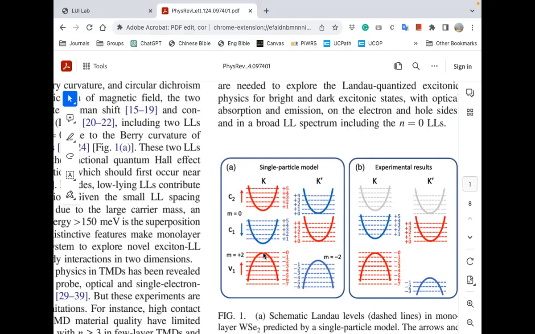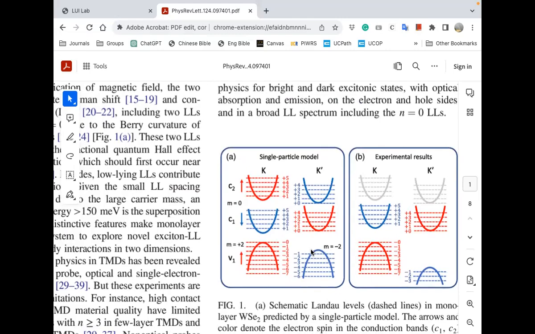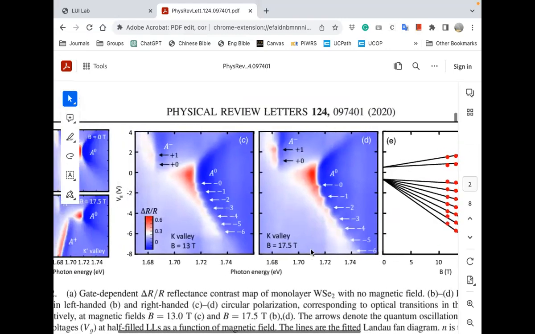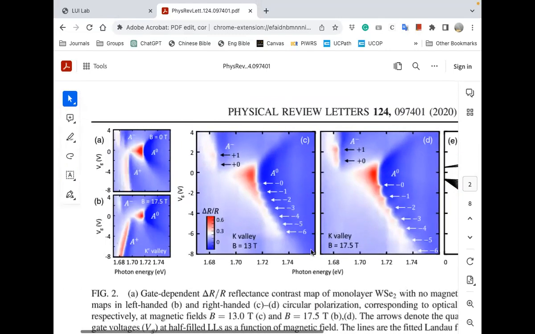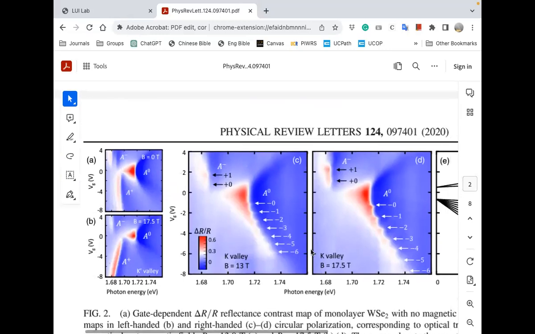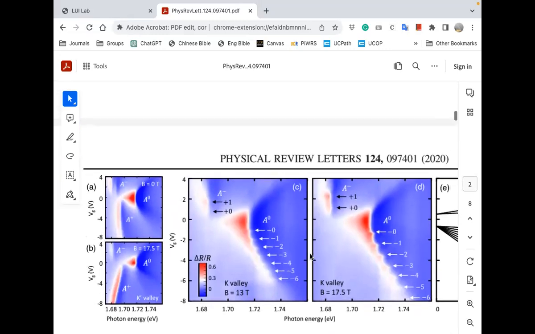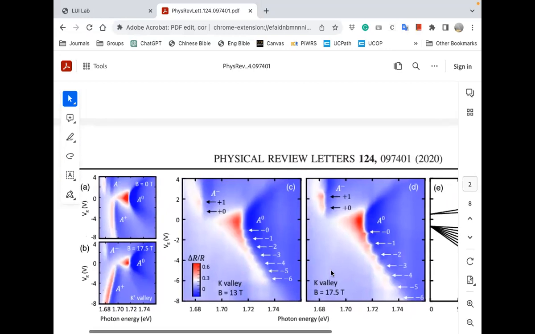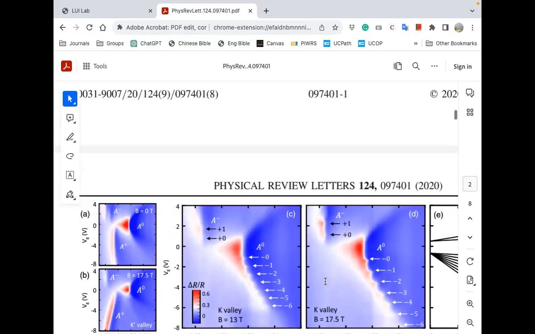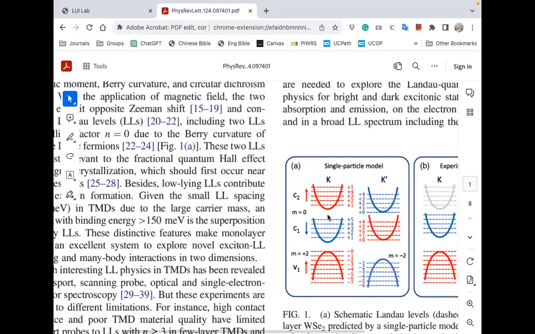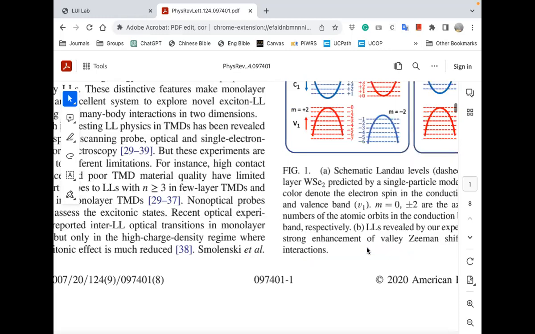The same valley is the one where we probe the optical transition. We're probing the optical transition in the same valley, but when we dope it, the doping goes to another valley.